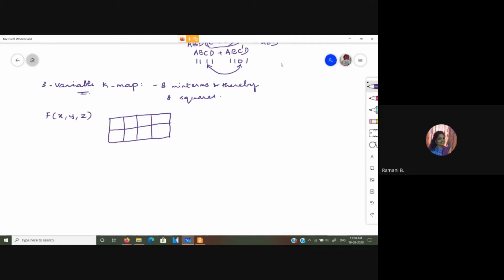So we should give the minterm values also in that same manner. That is, only one variable should change at a time. Otherwise, you cannot look for the adjacency rule. So in a 3 variable K-map, if I am considering the most significant bit x in this position and y and z over here, we write the values for y and z in terms of gray code. That is, only one variable should change at a time.